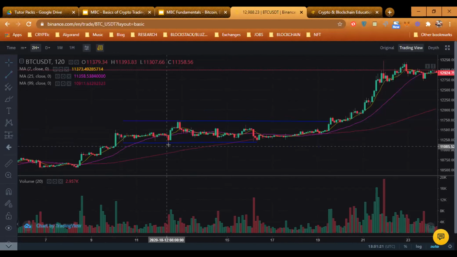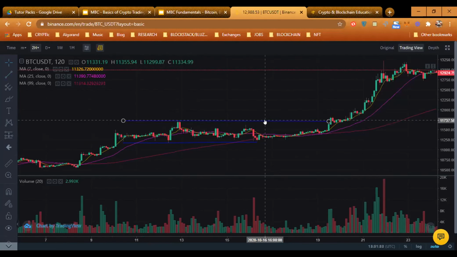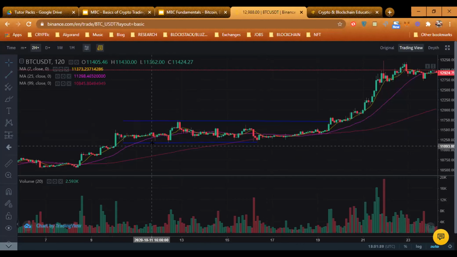So this was the support of Bitcoin on the 10th of October, right? Support here, this was the price, 11,194. Then this was the resistance, 11,729. So when you check and see that for the last, how many hours is that?